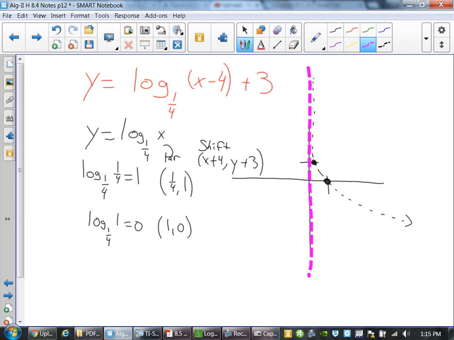So now what's 1/4 plus 4? 1 plus 3. 1 plus 4. 0 plus 3.